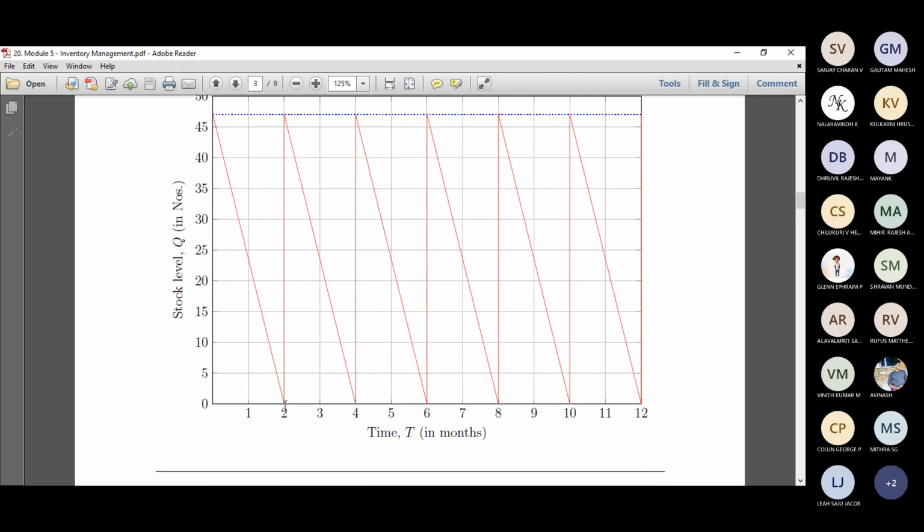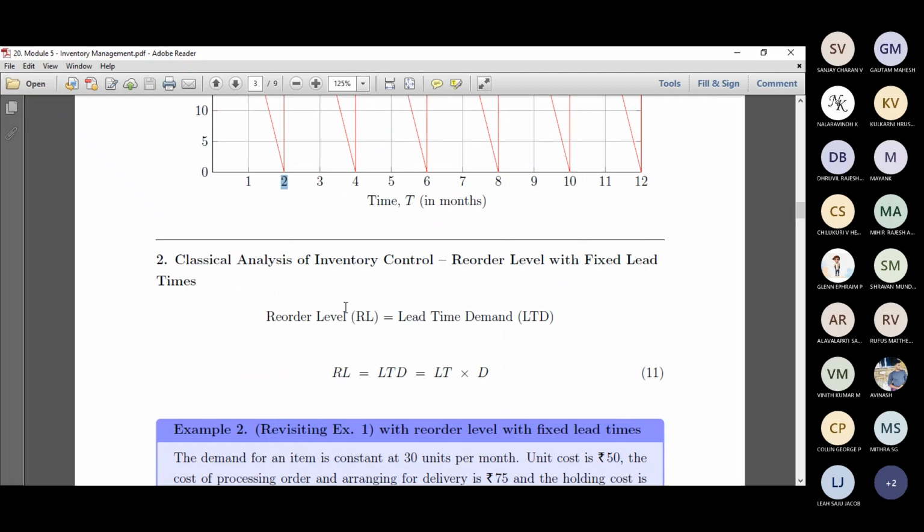Half a month is 2 weeks, so when the stock reaches 15, you reorder, so that when you replenish, the new stock comes in after 2 weeks, exactly at the second month. So that's the basic logic, right? That's what we can achieve in this particular thing, right?